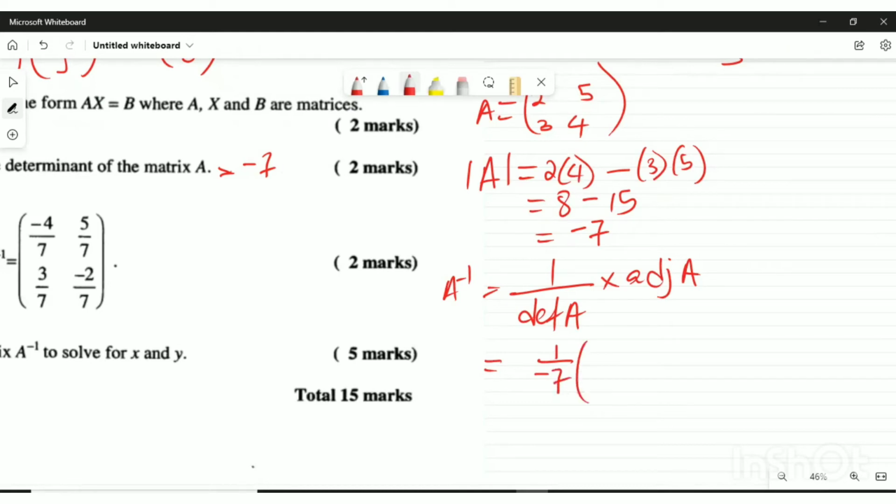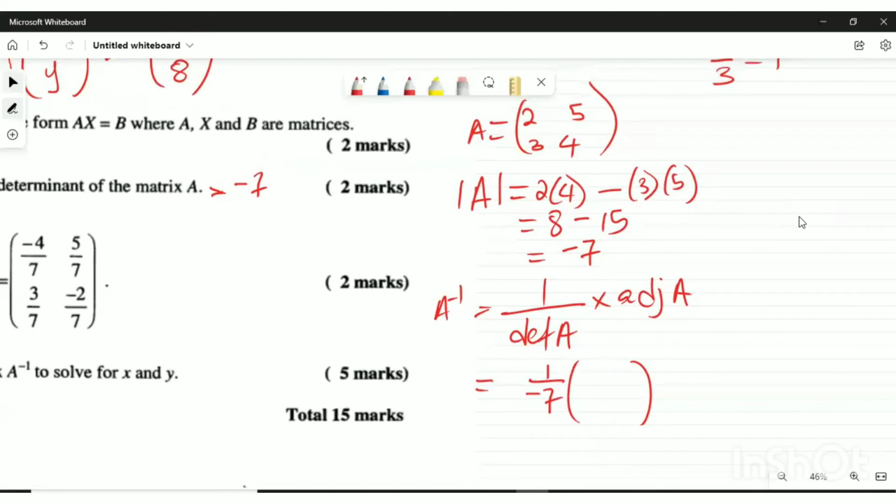And we want to multiply that by the adjoint. The adjoint of the matrix means we swap the elements on the main diagonal. So when you swap, the 4 goes where the 2 is and the 2 goes where the 4 is. Then we change the signs of the elements on the non-leading diagonal, so the +5 becomes -5 and the +3 becomes -3.